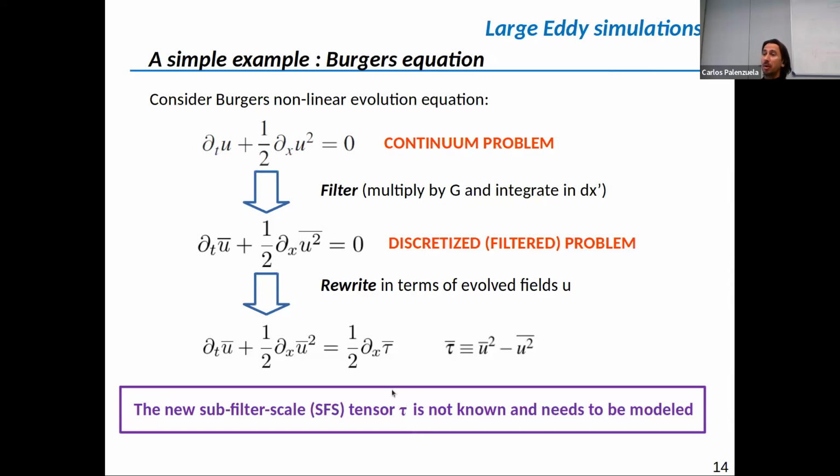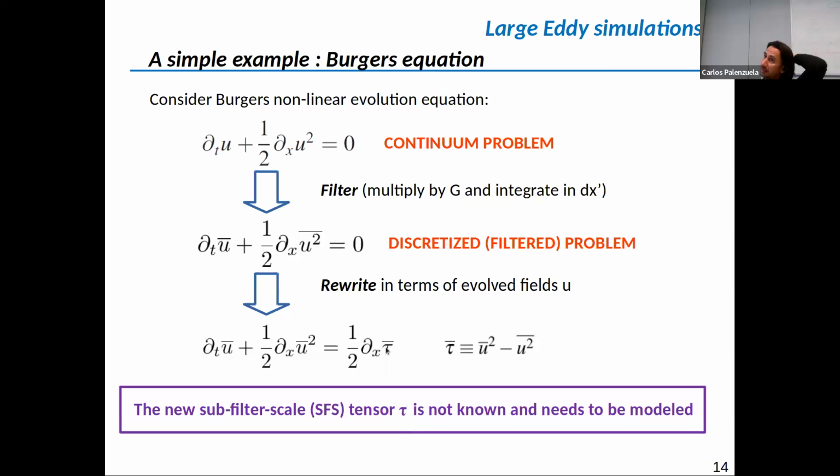And this is basically what we all do when we solve a problem with finite volumes. Even without realizing, we are using some Large-Eddy simulation techniques, using the lowest order approach where we are setting this tensor to 0. But we are all doing it without even realizing.